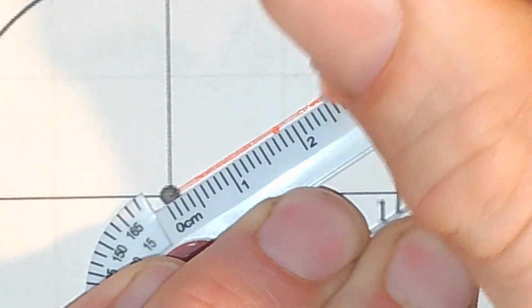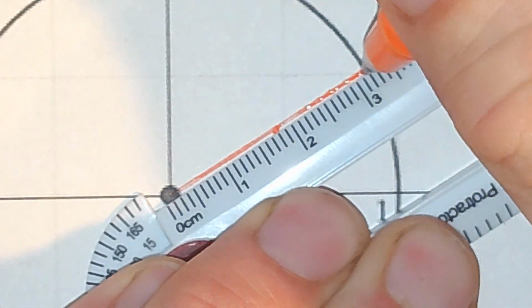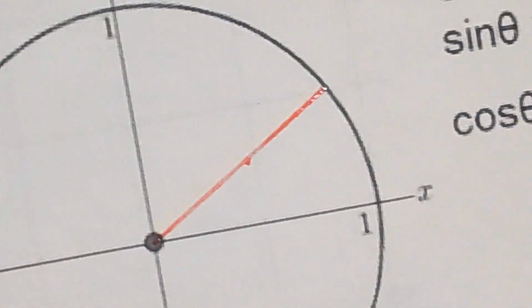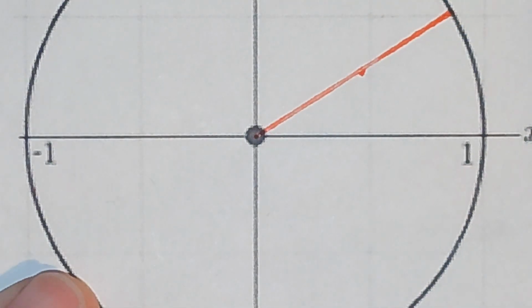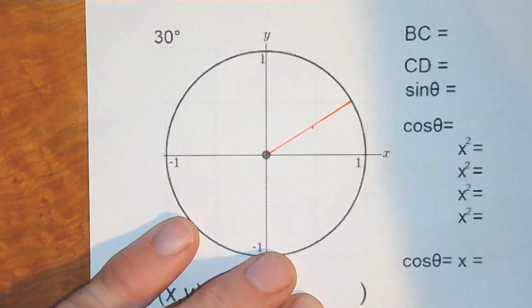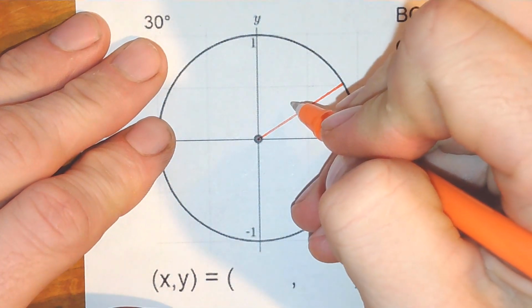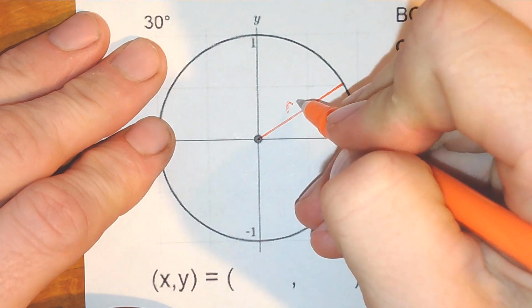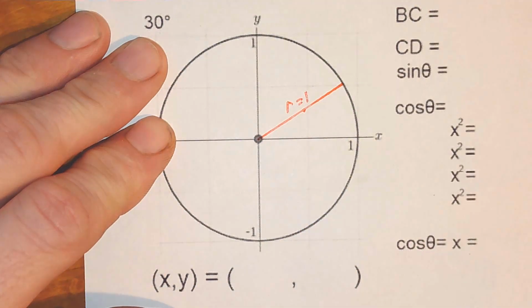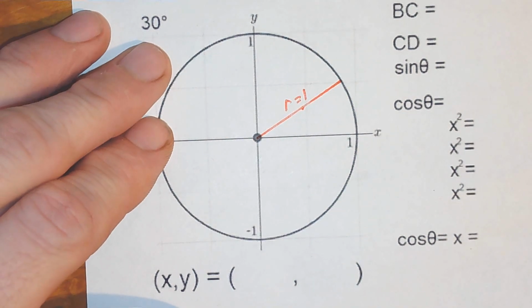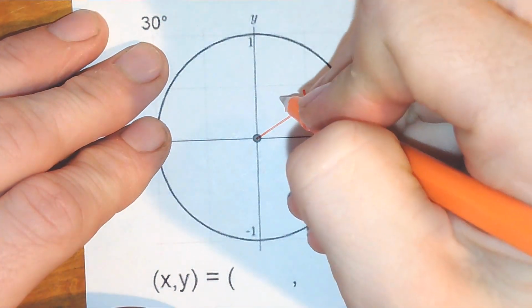Best I can through that to there. That'll be my hypotenuse for 30 degrees. Zoom back out. Okay, that's r. R equals 1. Also my hypotenuse equals 1.